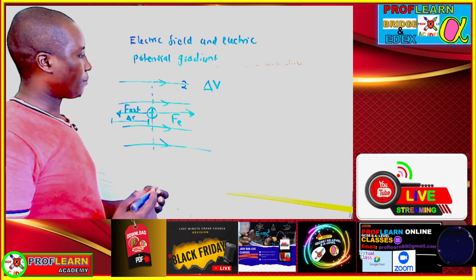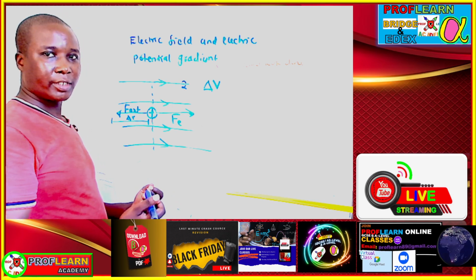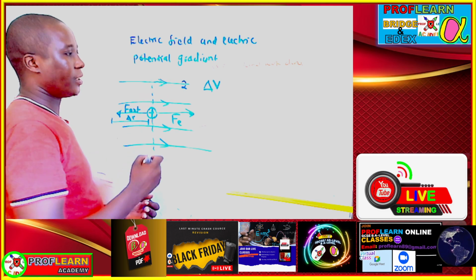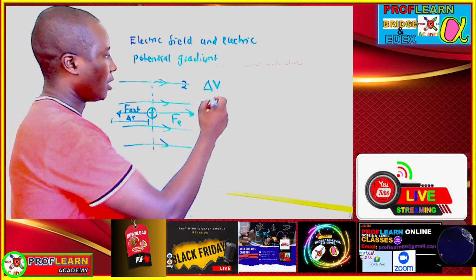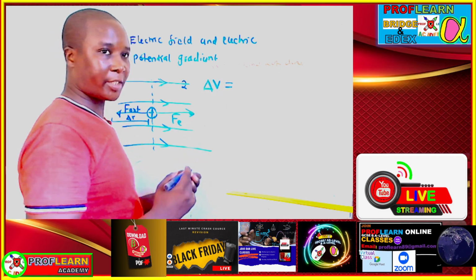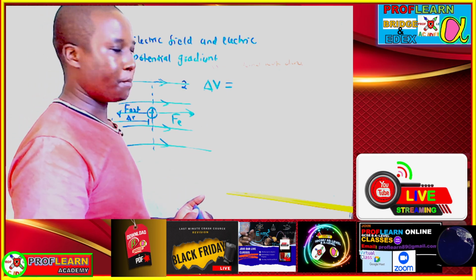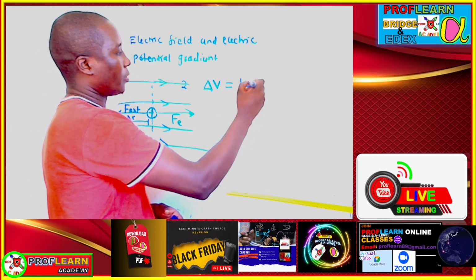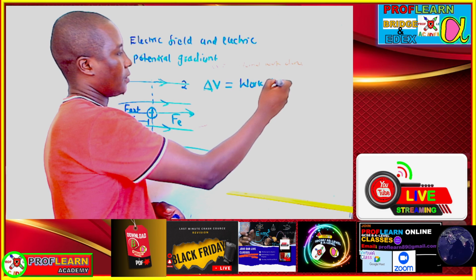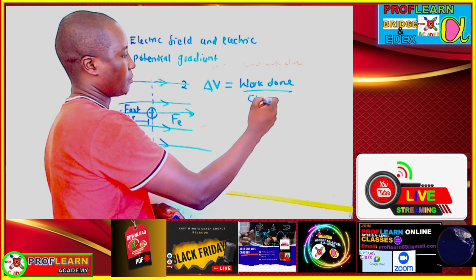So if you are pulling an electric charge against the electric field, you'll be doing work. And we are going to say the electric potential difference that is going to be developed here is equal to the work done per unit charge.